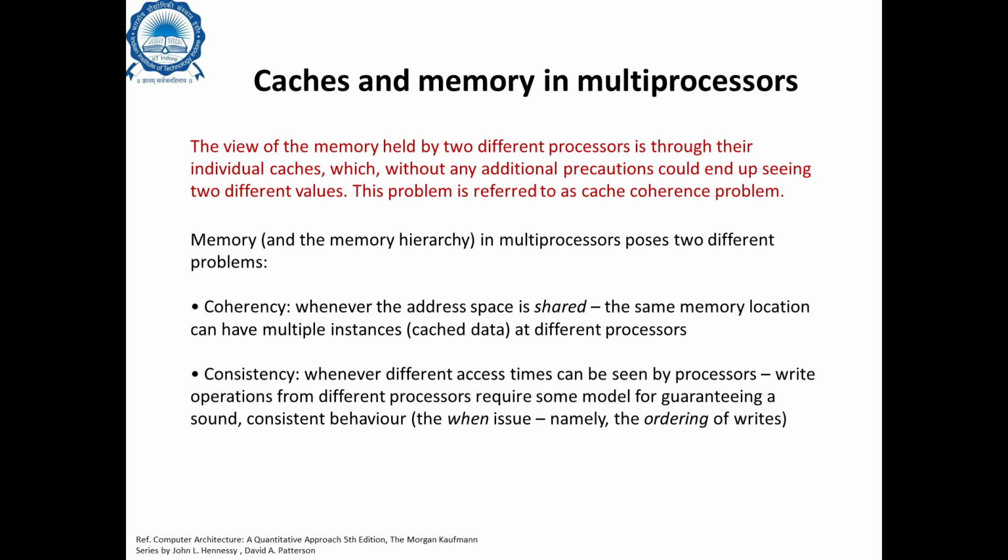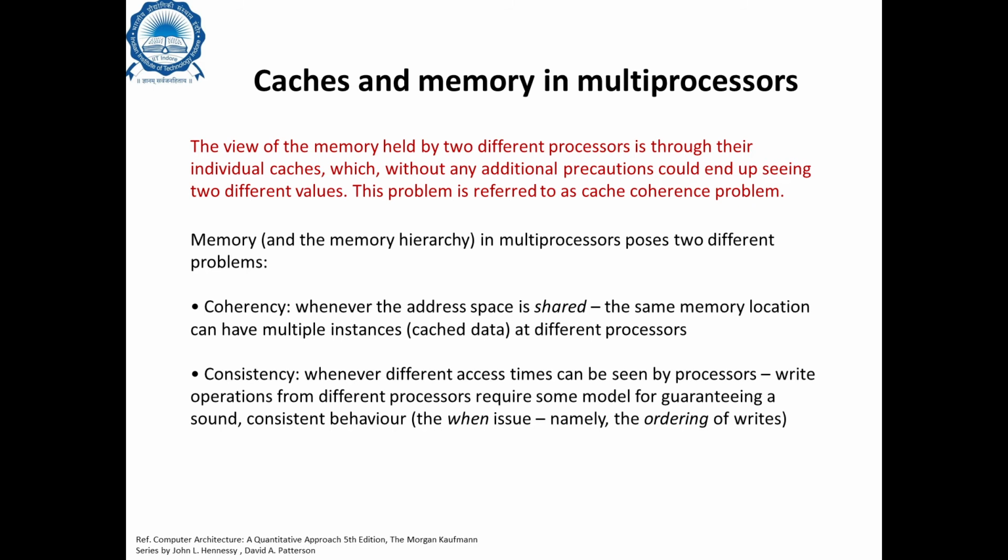So cache coherence means that whenever the address space is shared, the same memory location can have multiple instances of cached data at different processors. So whenever we are sharing the same physical memory, the different processors may have their own multiple instances of cached data, so they could view the caches with their own set of data inside.